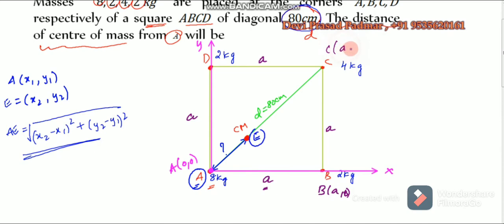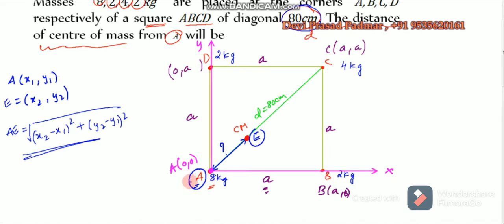C is a along the x-axis, and similarly along the y-axis also at a distance a. Similarly, D is situated on the y-axis, therefore the x coordinate will be 0 and it has only a y coordinate. So we got the coordinates of all the masses.